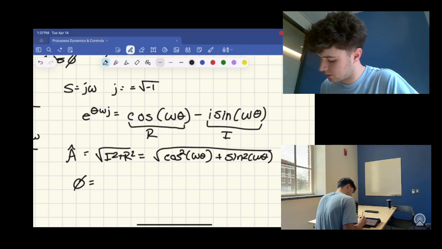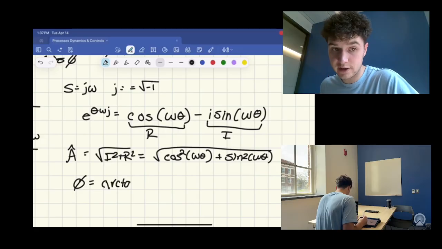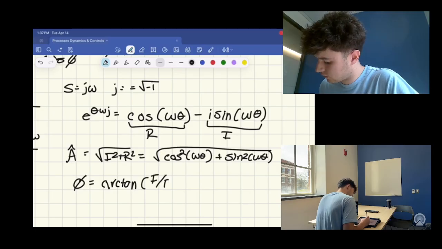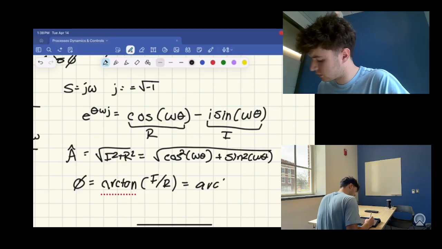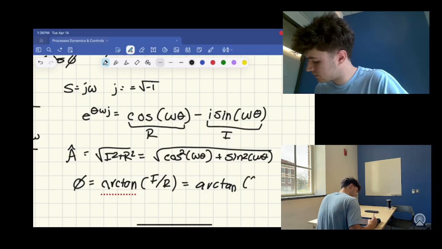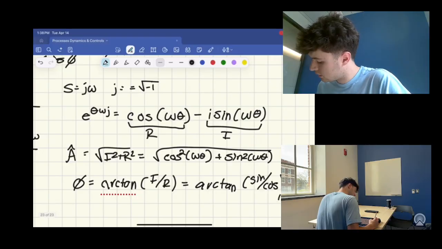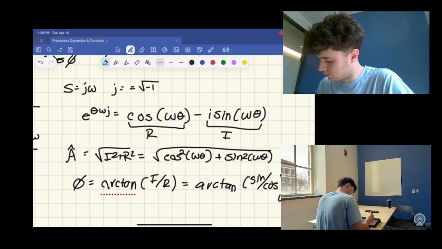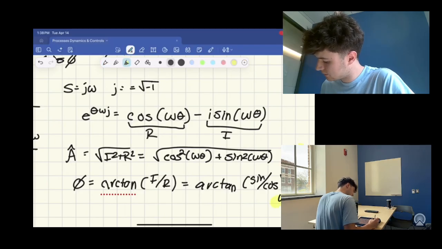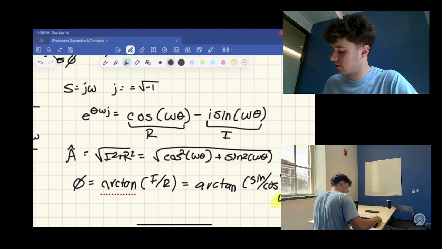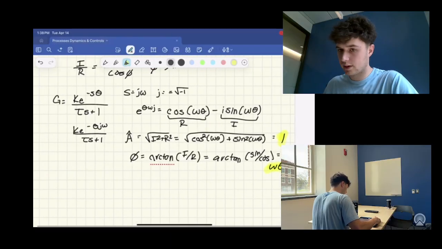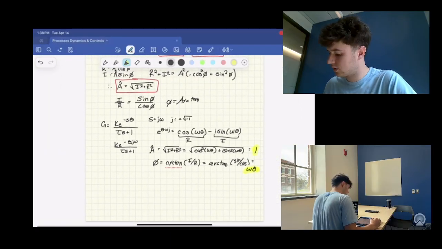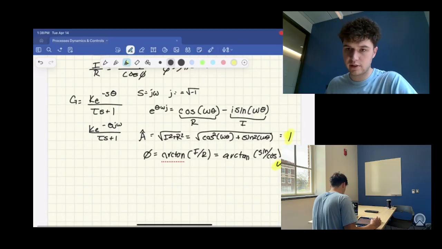And now do remember that this is going to be the arctan of I over R. And so it's also equal to arctan of sine over cosine, which equals W theta. So we will highlight these. I realize you can't even see those, so let me zoom out here. There you go. 1 and W theta.